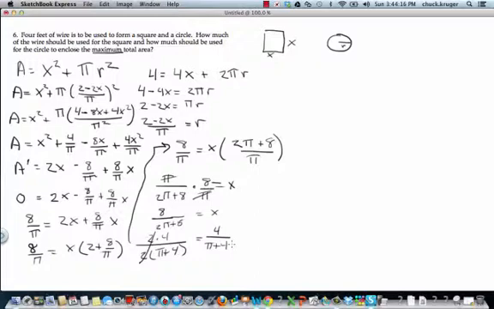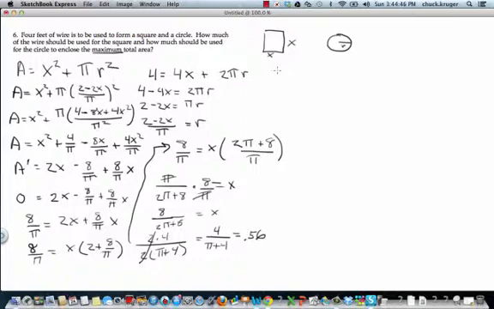That is 0.56. All right, so this means now, remember, it says how much of the wire should be used for the square and how much should be used for the circle. If you think about it, I could put 0 into the square, or I could put all 4 feet into the square.